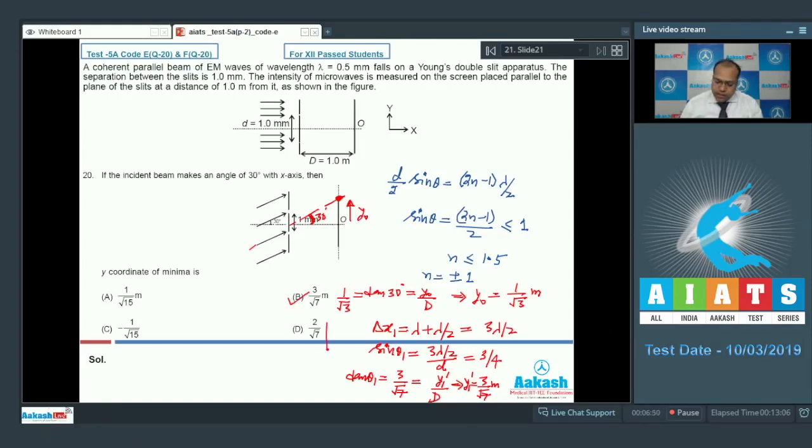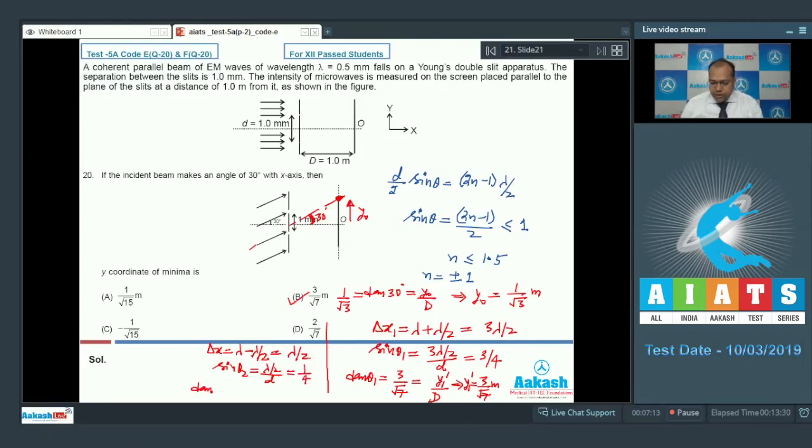And in the second case, if the path difference comes out to be lambda minus lambda by 2, then in that situation it is equal to lambda by 2. So sine theta 2 comes out to be lambda by 2 divided by d, and if I substitute the value of lambda as d by 2, then it comes out to be 1 by 4.